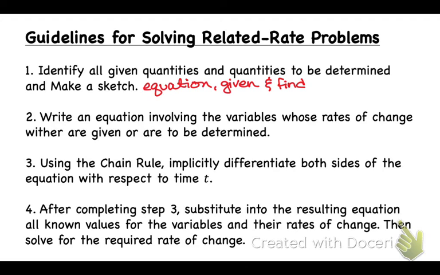Okay. Write an equation involving the variables whose rates of change are given and are to be determined. Now, this number 2, these are the steps out of the book. Okay? 1 and 2 we did together, didn't we? Didn't we write an equation when we were doing that?